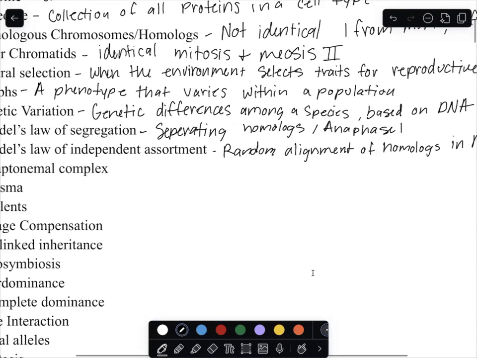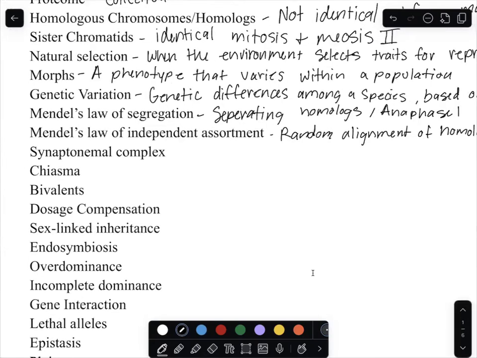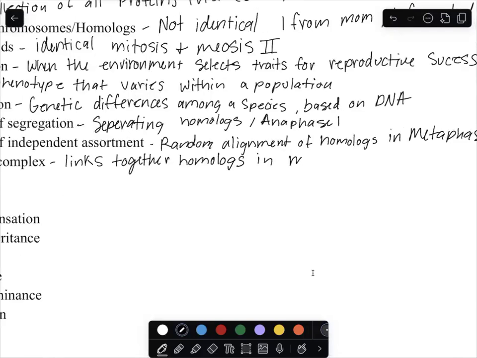Okay. So the synaptonemal complex links together homologs in meiosis one.